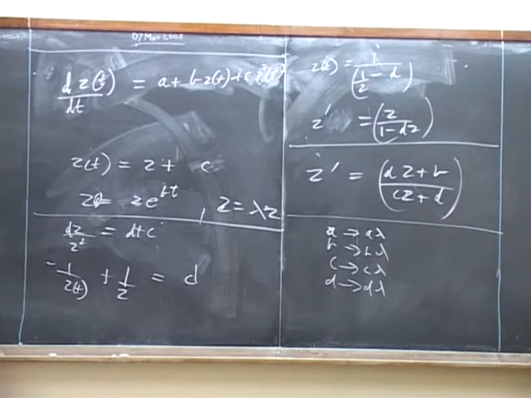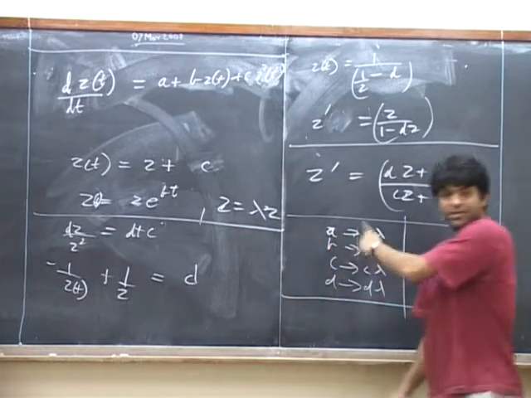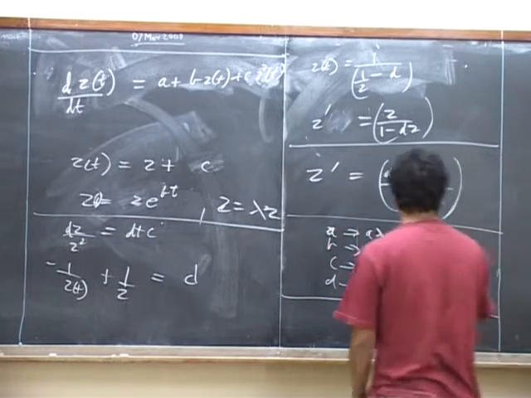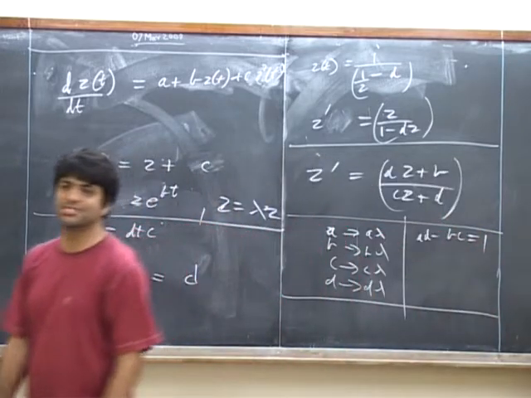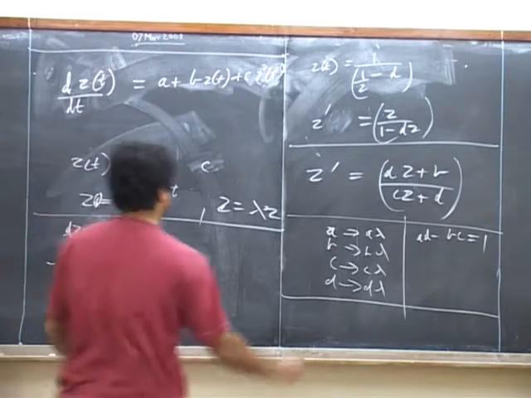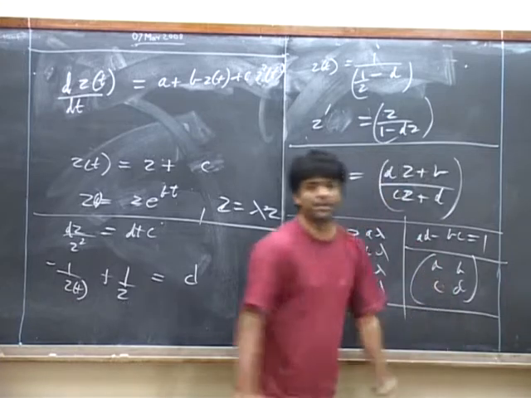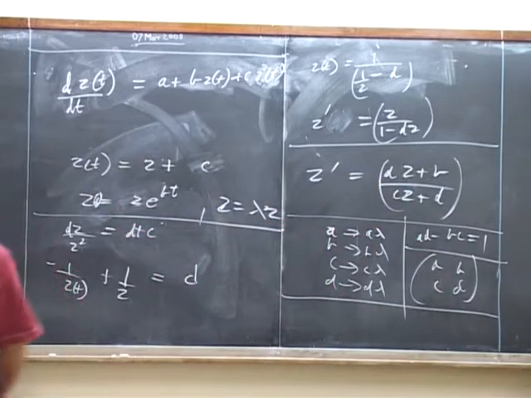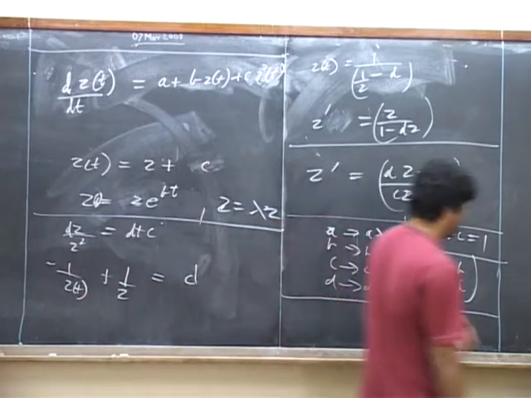And it's conventional to fix this ambiguity of overall scaling by choosing AD minus BC equals 1. I mean, we choose lambda so that that's true. Okay? So if you think of this as a matrix A, B, C, D, the determinant of this matrix is 1.